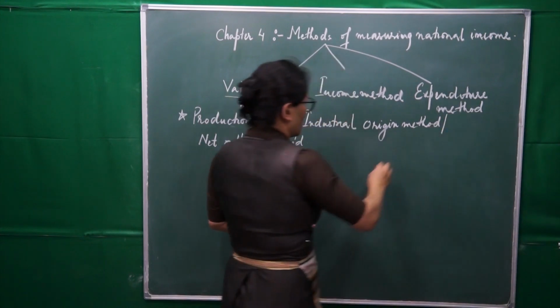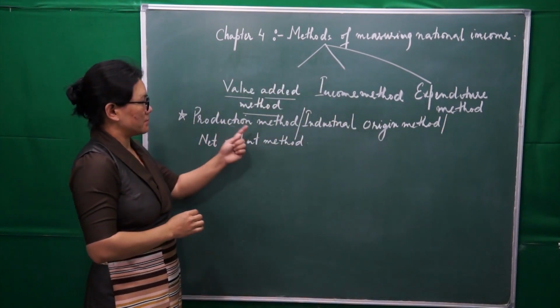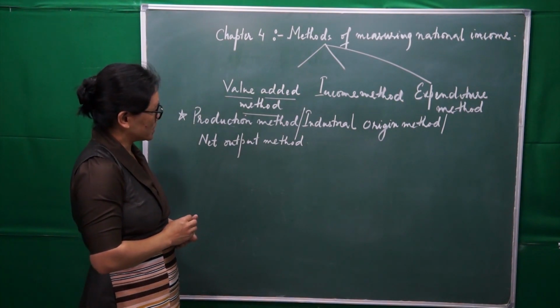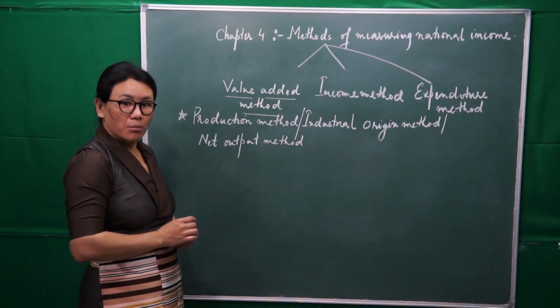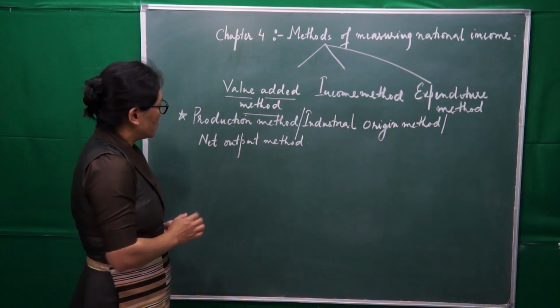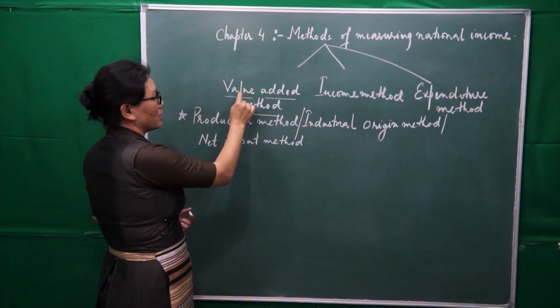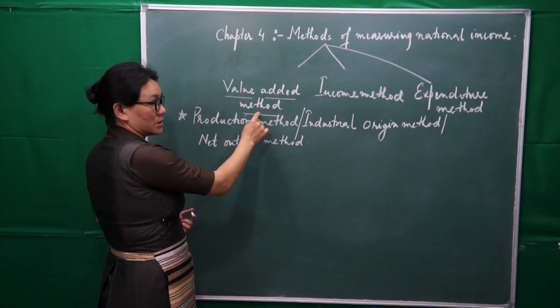Okay, so we have production method, industrial origin method, or net output method. But most often we use this name, that is value added method.